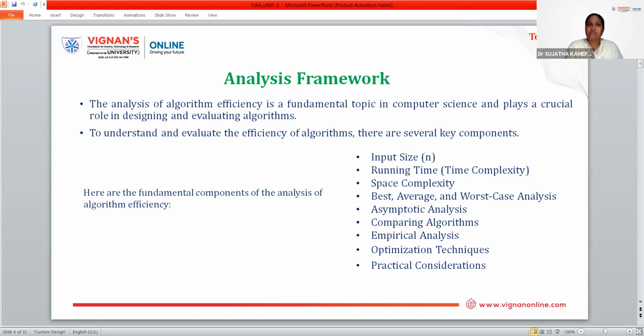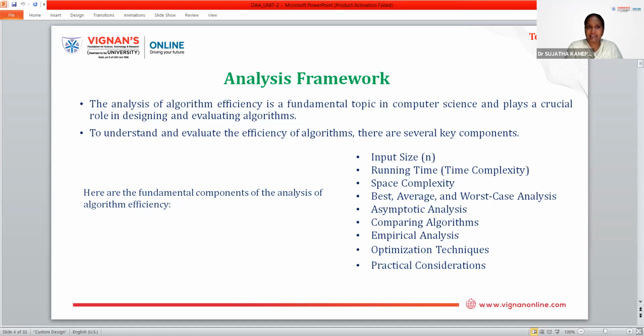If the size is small, some algorithms may work efficiently. As the size increases, they may not work efficiently. So the algorithm efficiency or performance analysis must consider the input size.